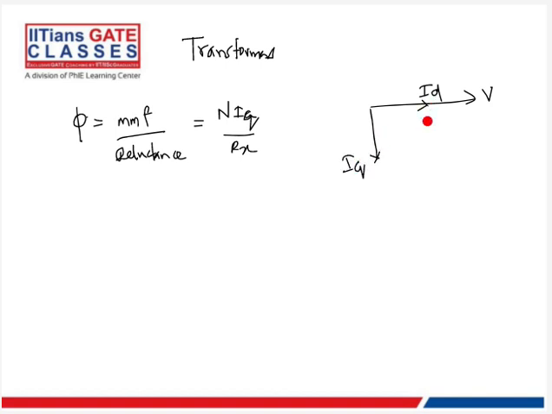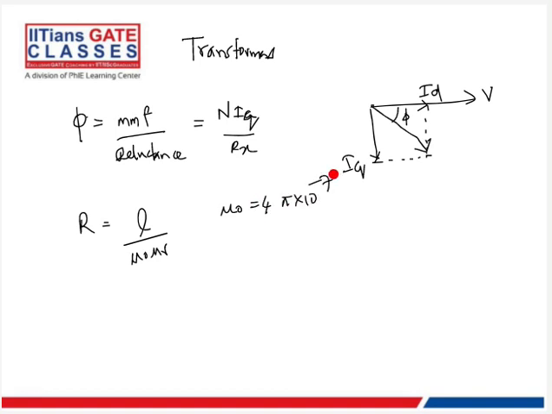And I is basically... And where L is what? R is L divided by mu0 mu r, where mu0 is 4 pi into 10 power minus 7.